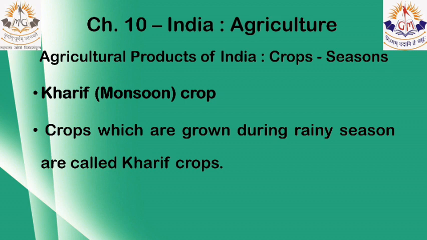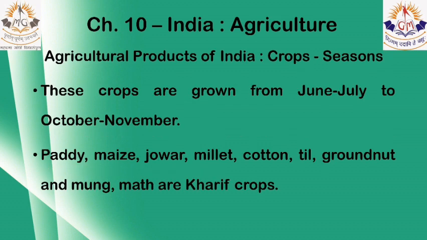If it is a monsoon crop, then crops which are grown during rainy season, they are called Kharif crop. These crops are grown from June or July to October or November.